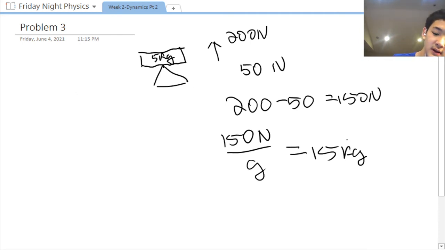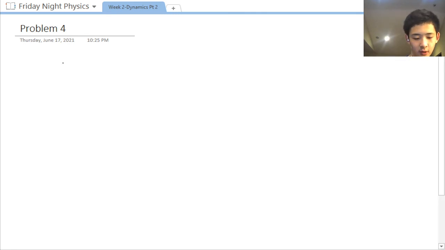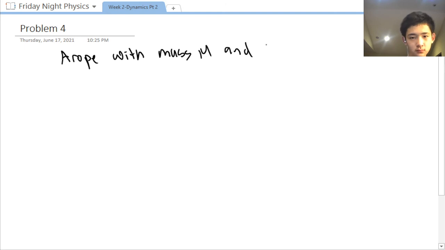Okay, and the next problem, let me move on to the next page. Okay, the next problem states a rope with mass M and length L is put on a pulley such that both ends are even.